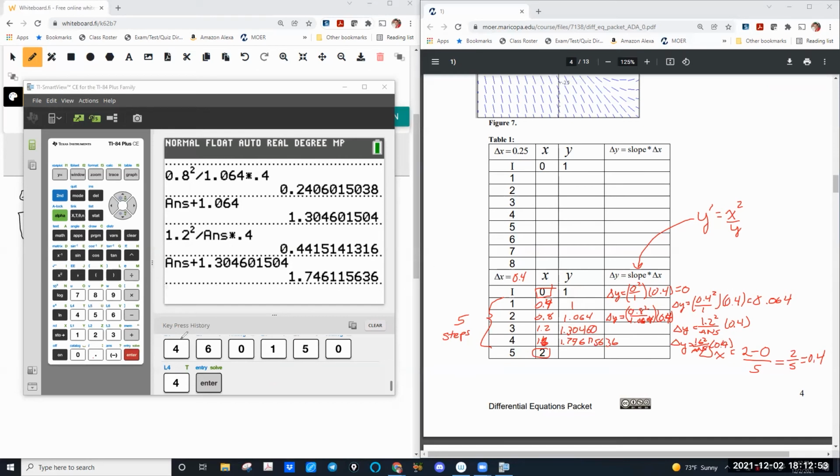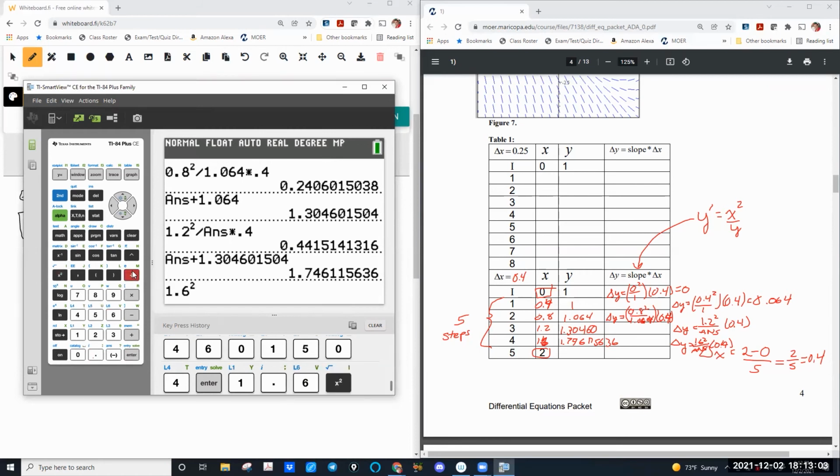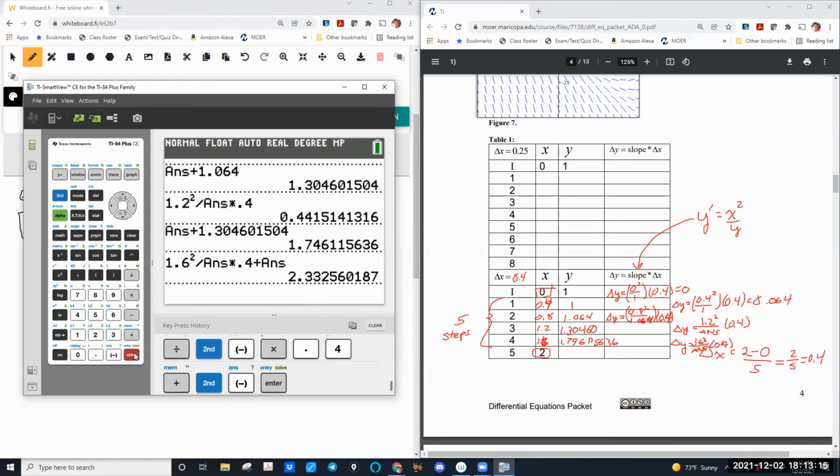All right, so I'm going to do it all in the calculator, and so I don't have to rewrite anything. I got the 1.6 squared. That's the x squared. Then divided by my previous y times my delta x, and then that gets added to the previous y to get my new y.